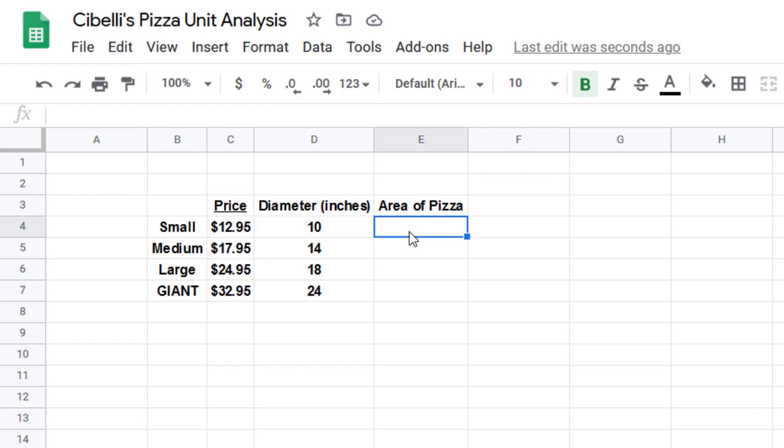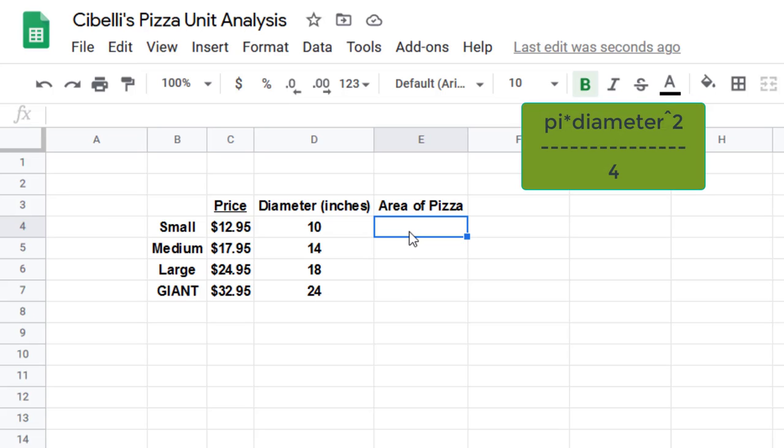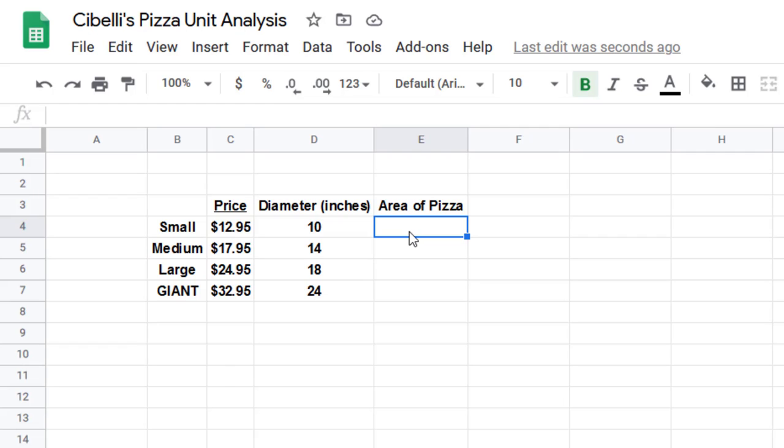I'm going to use the one that is pi times the diameter squared over 4, and not the other one. The reason is it'll probably be fewer steps in Sheets to do it that way, first of all. And secondly, I just like that formula because, being an engineer's son, that's the one that always made sense to me growing up. If you want to use the other one, that's totally fine. So I'm going to do it this way.